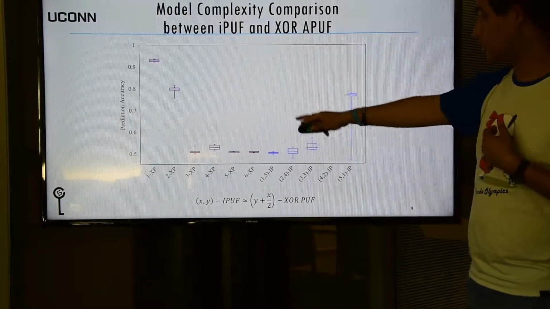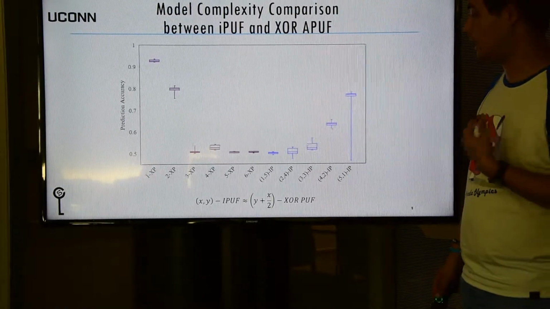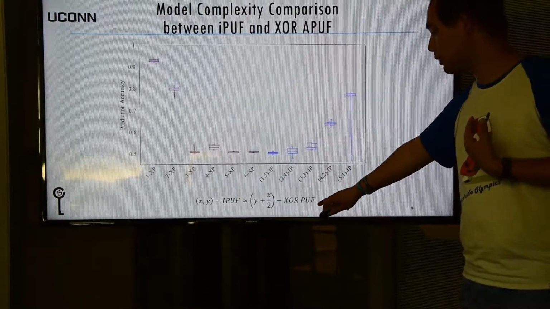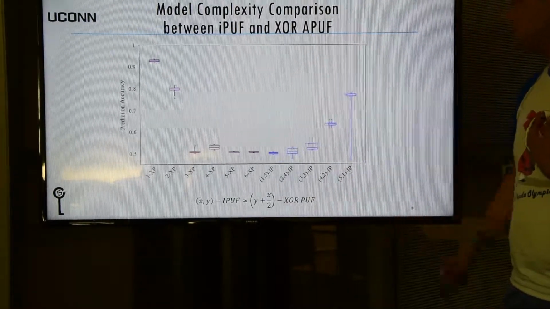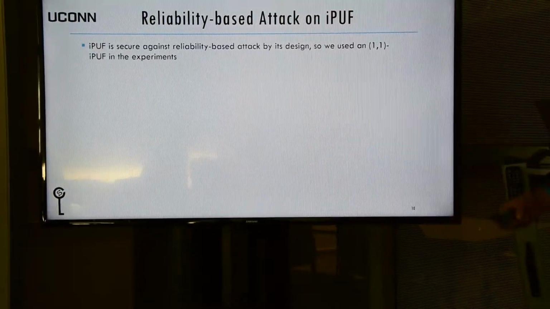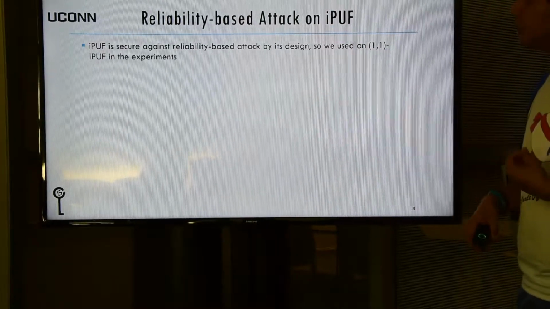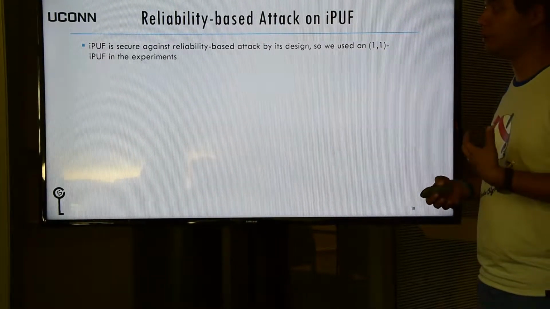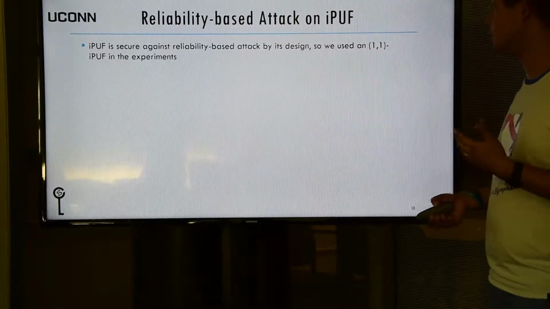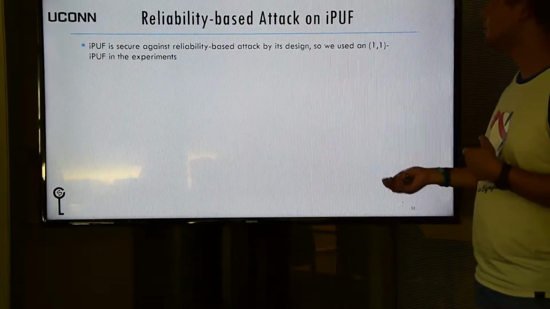Essentially, this confirms the theoretical finding of our paper that this IPath has equivalent behavior to these XOR arbiter paths. We also performed the reliability-based attack on IPath on FPGA. As we know, IPath is secure against the reliability-based attack by its design. So we just use a 1-1 IPath in the experiment, which is already the weakest IPath.